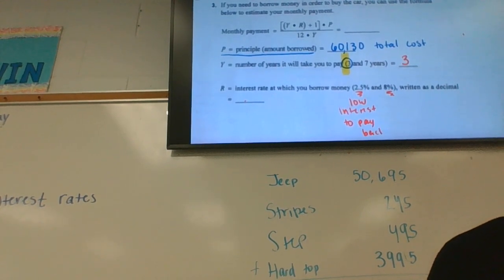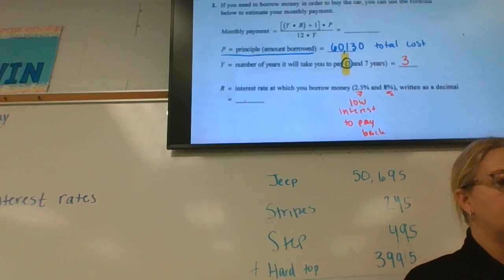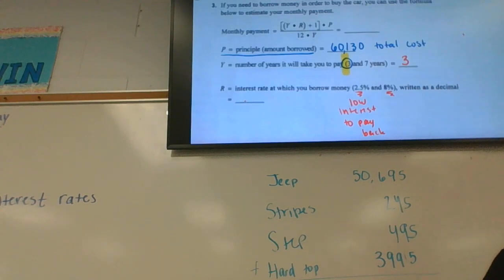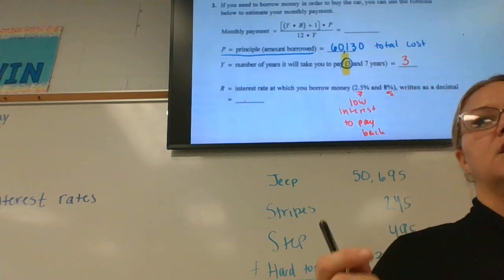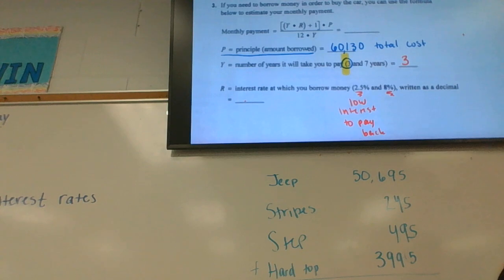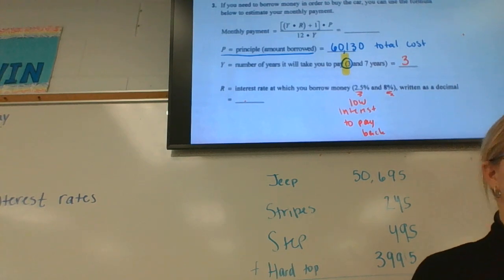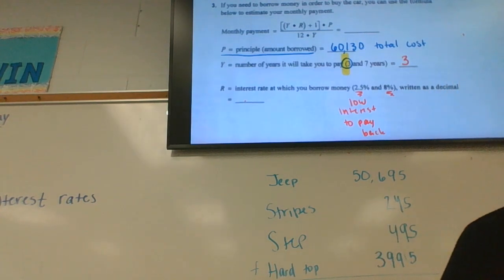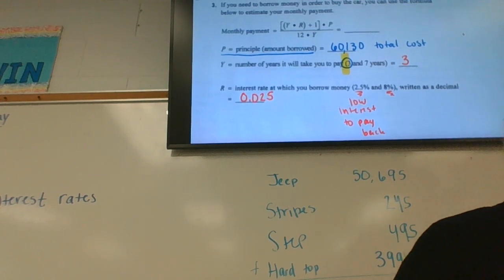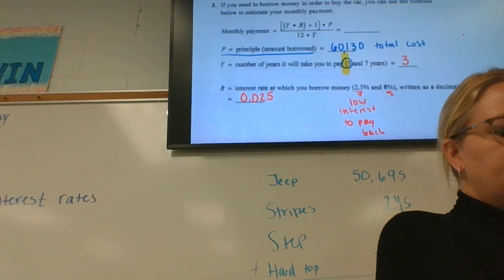Now, if we were earning interest, like in the bank, like when I put my $500 in for my nephew, I would want a high interest rate. But if I'm borrowing money and I have to pay the bank back, I want a low interest rate. So I'm going to start with this low interest rate of 0.025.